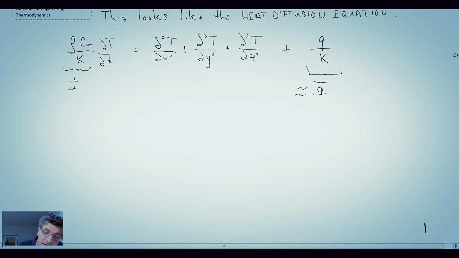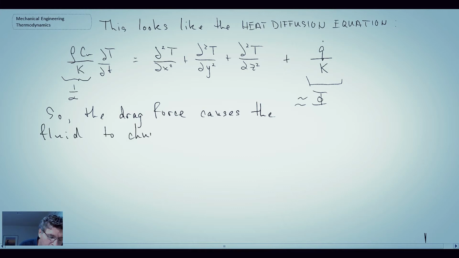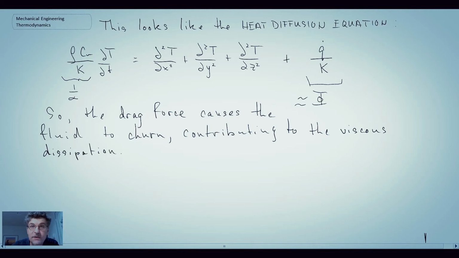So what that tells us is that the drag force from the baseball going through the fluid causes the fluid to churn, and this contributes to the viscous dissipation, which is basically a term that represents the conversion of velocity fluctuations into thermal energy.